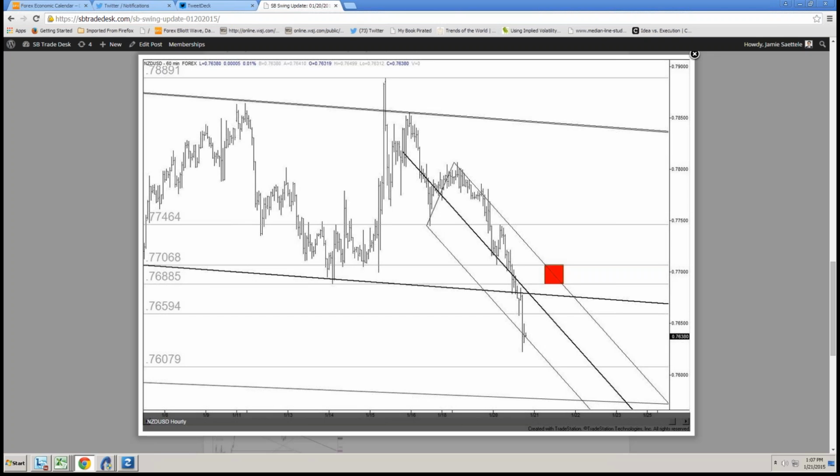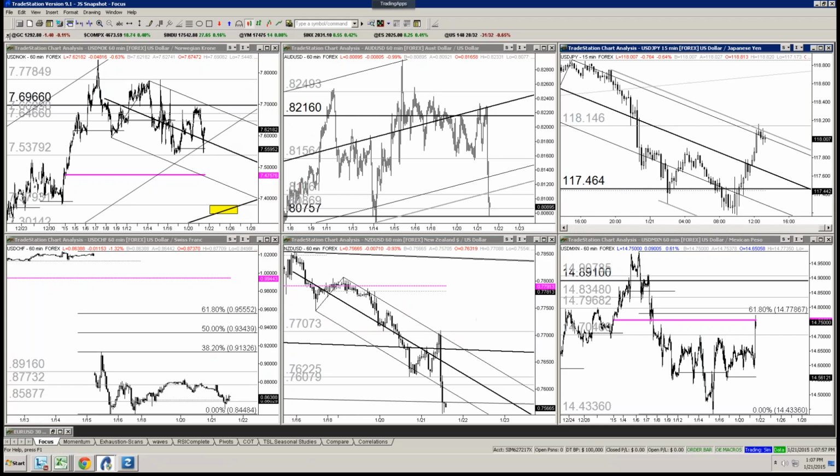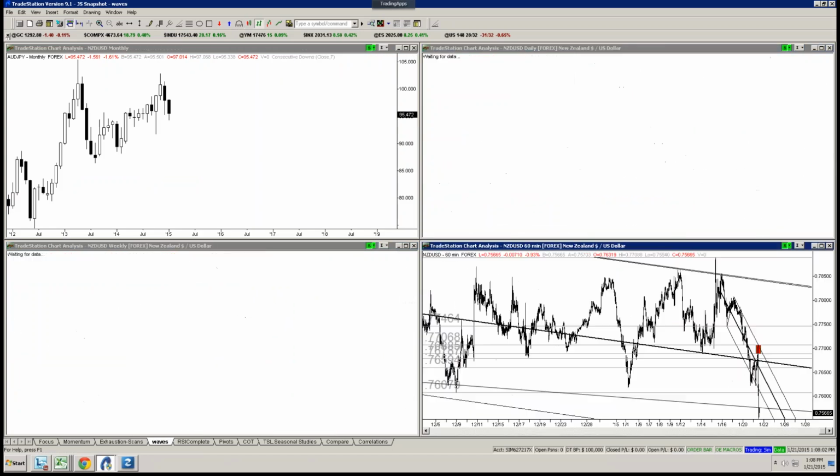With Kiwi dollar, I've been talking about it in the last few webinars. We do have what I think could be a larger breakdown underway. Again, this was the overnight chart on the hourly. And then, of course, this is what happened.